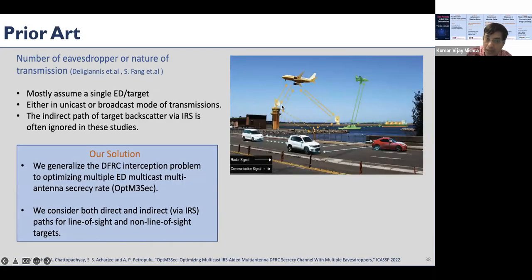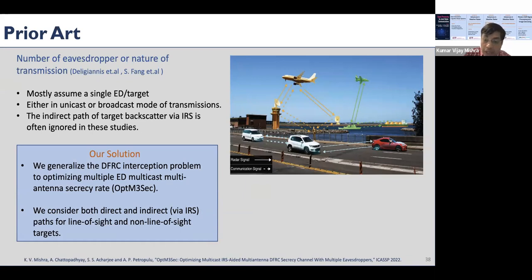Because you can probably have a better trade-off if there is an IRS in between. The first version of this problem was again by Jonathan Chambers, but they looked into only a single IRS, and they did not consider multicast communications. They looked into only unicast or broadcast versions.